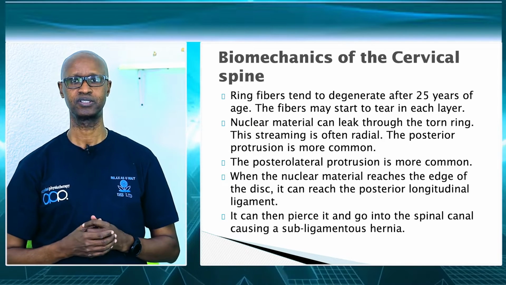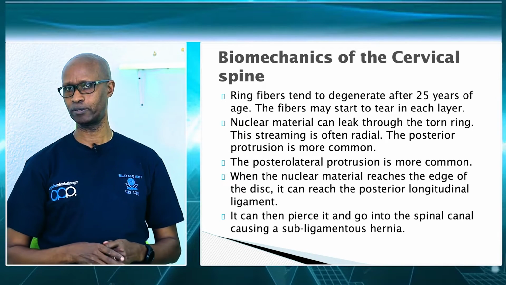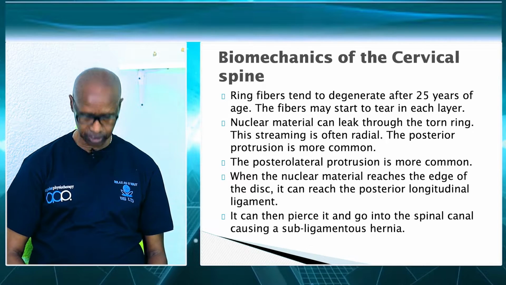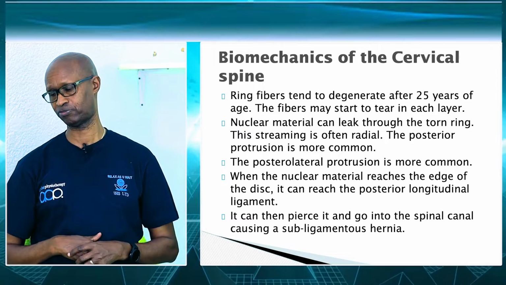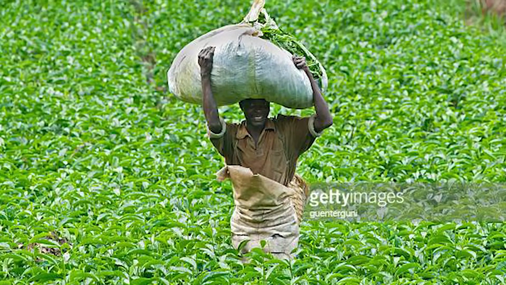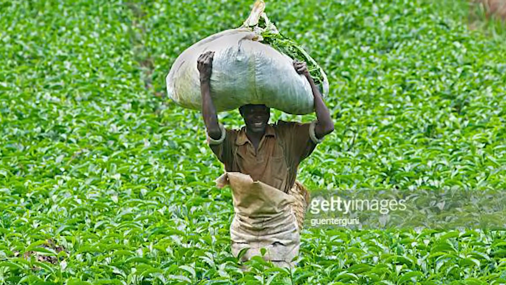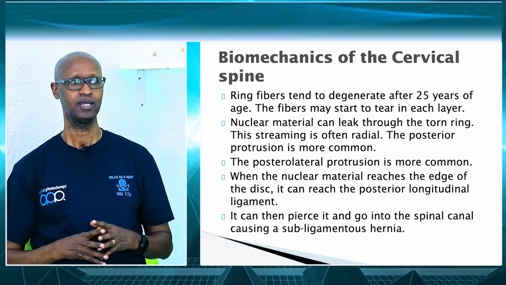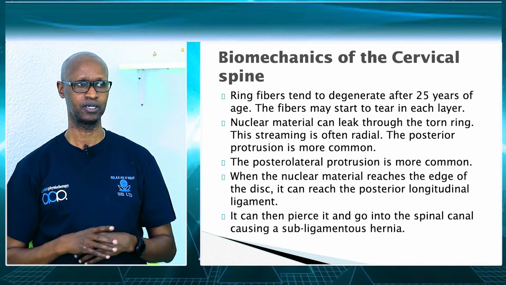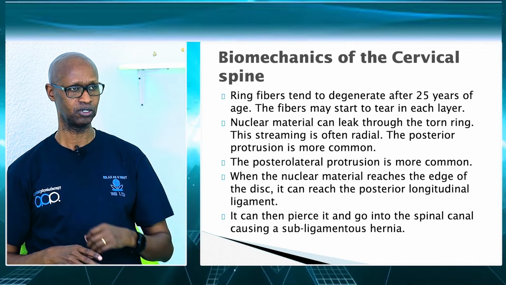And it is now common when people are using telephones like this, and others are carrying heavy bags. For example, in our rural village, they carry heavy bags which increase more load on the cervical spine. This can lead to spondylosis.